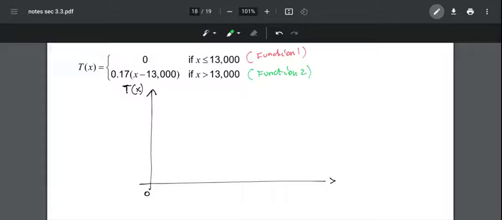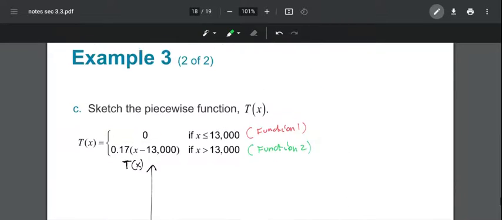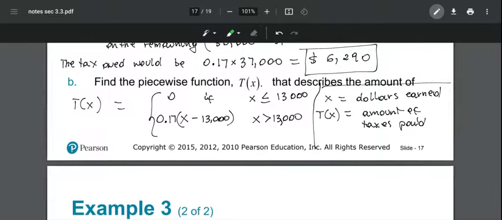So here I will go by maybe 20,000. This is 40,000. That will be 60,000, 80,000. Okay. So again, the x-axis represents the dollars earned.